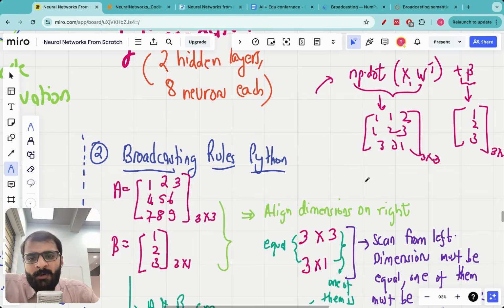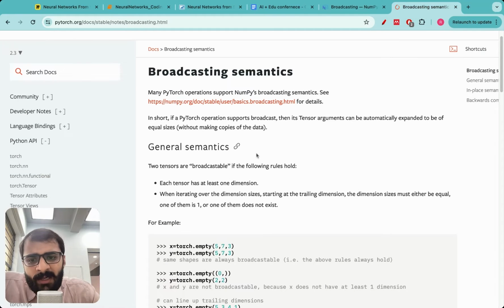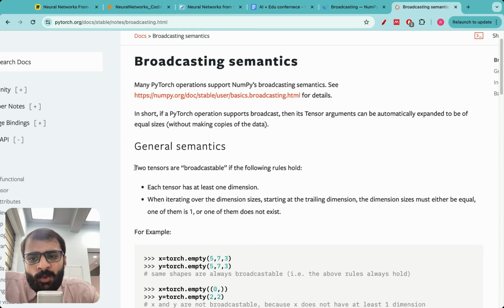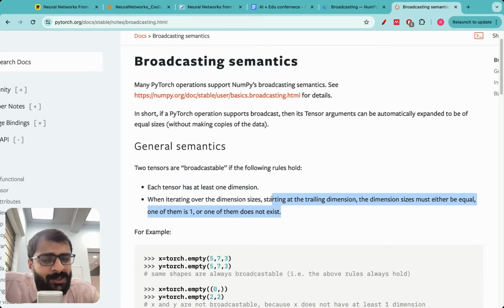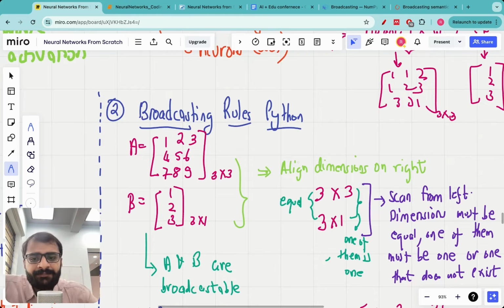I'm going to tell you very simple rules for understanding broadcasting, because if you read this, it might be difficult to understand. Here it says two tensors are broadcastable if each tensor has at least one dimension, and when iterating over the dimension sizes starting at the trailing dimension, the dimension sizes must either be equal, one of them is 1, or one of them does not exist. Pretty difficult to understand, and you have to take some examples on paper to really understand this.